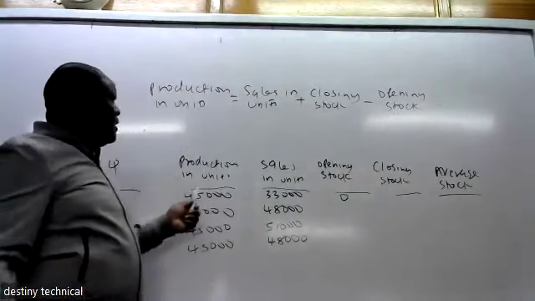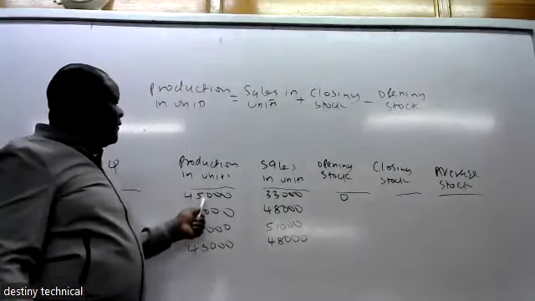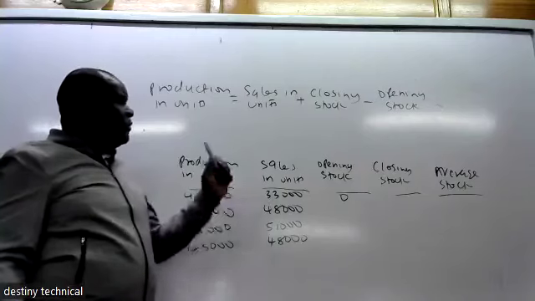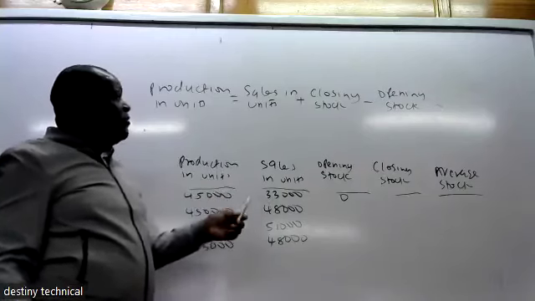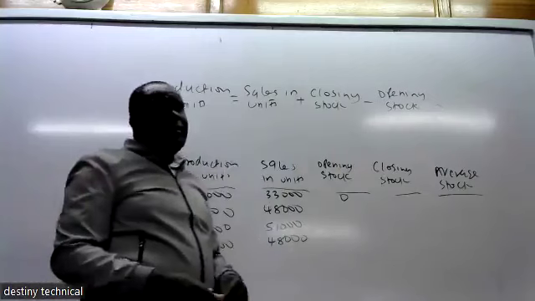So here production is 45,000. The sales was 33,000. So we are looking for the closing stock.